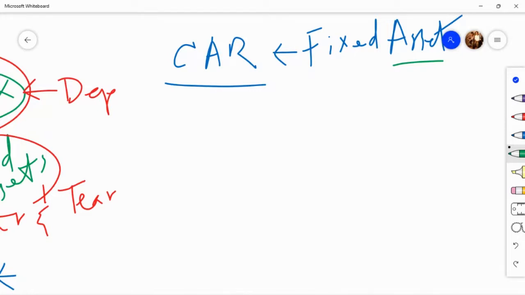So it is a business asset, and the expense related to the car is a business expense.